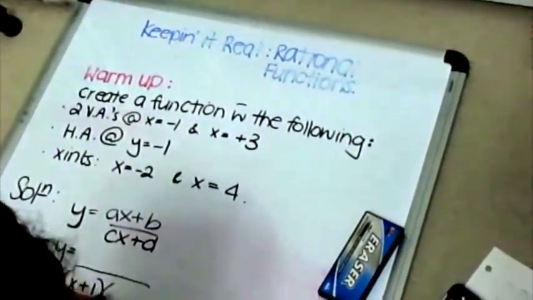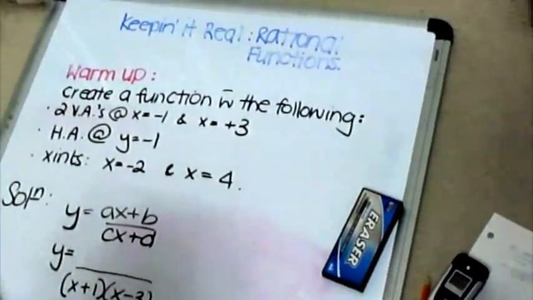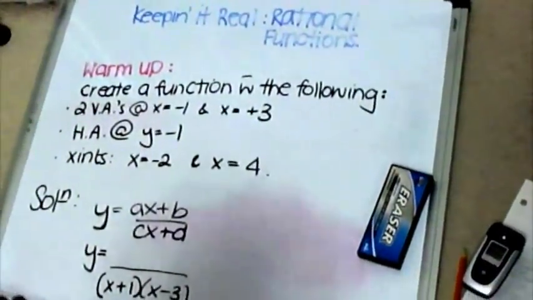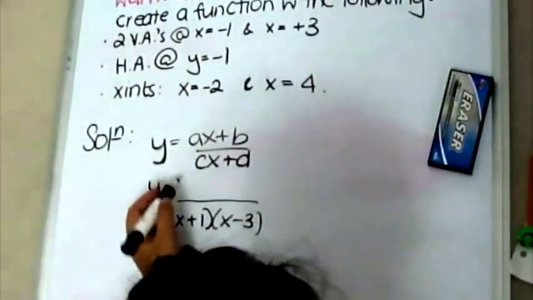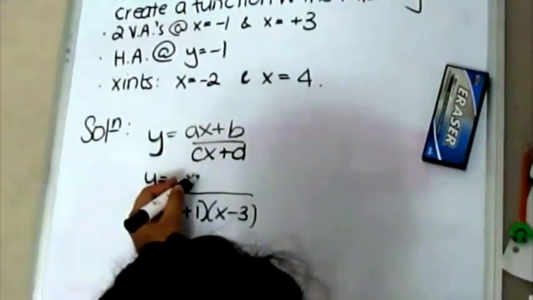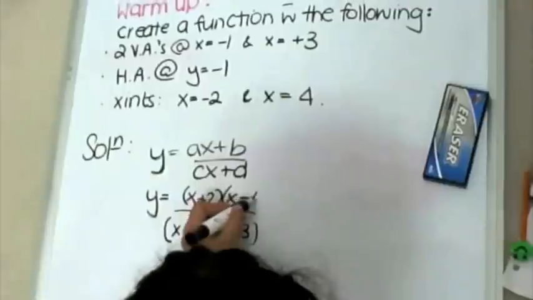And same thing there, you want to write x minus 3 because it's the opposite of the value given. Here we also have x-intercepts at x equals -2 and x equals 4. What you want to do is write x plus 2 on the top and x minus 4 on the bottom.